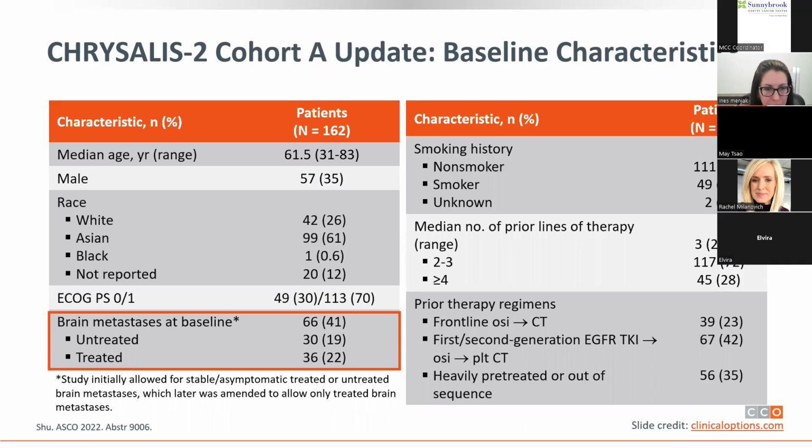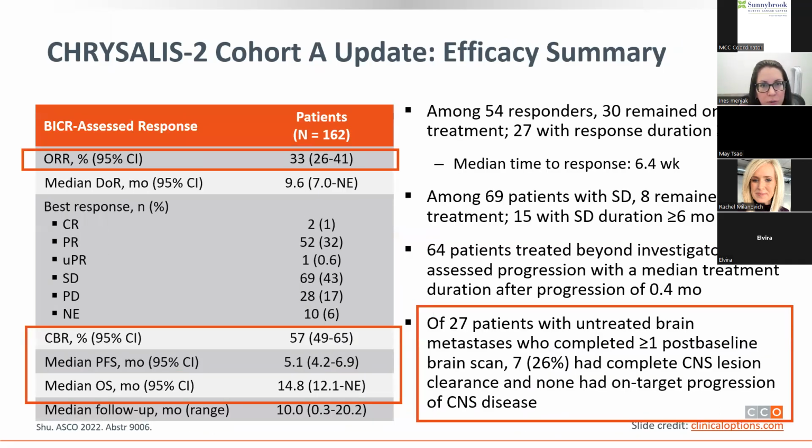They did have a number of patients with brain metastases. The overall response primary endpoint was about 33%, clinical benefit rate almost 60%, and the overall survival at this point was approaching 15 months. And this is a pre-treated population. Of the patients with untreated brain metastases who had a follow-up scan, 26% had complete CNS lesion clearance.